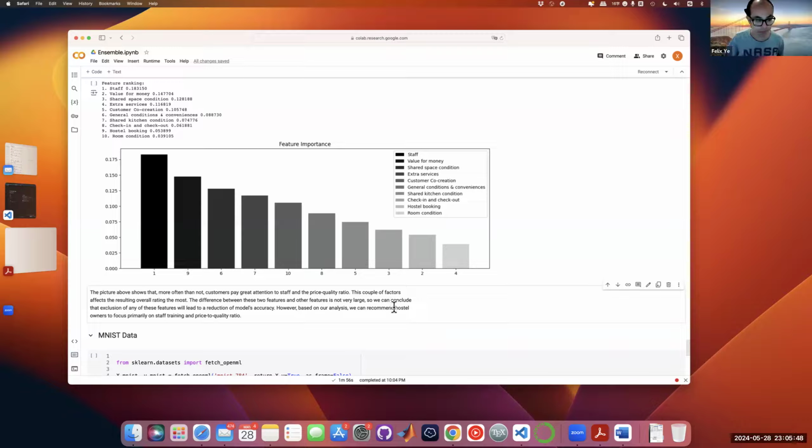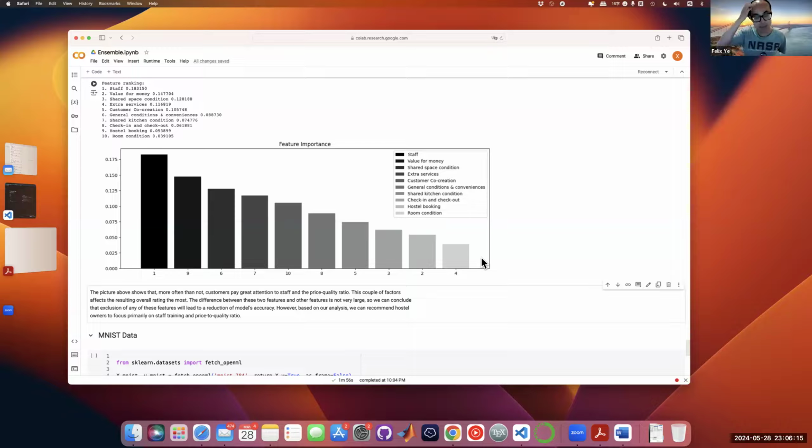We can basically conclude that if we exclude any of these features, it will lead to significant reductions of the accuracies. So in order to make good predictions for this model, we need to include all 10 features together.